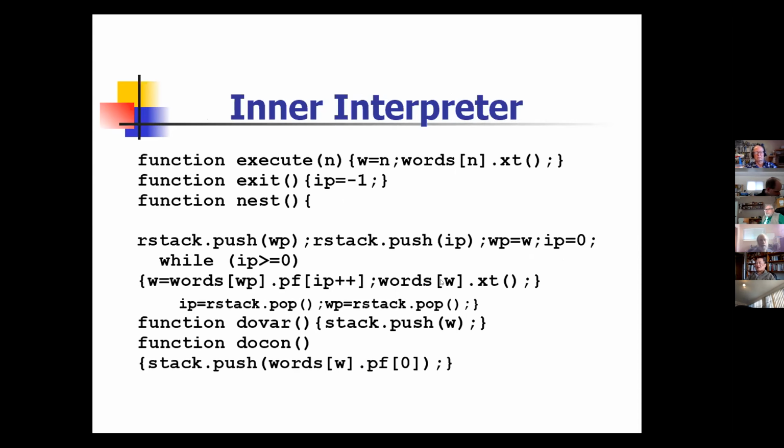And the way to exit this infinite loop by exit is to set IP equal to -1, because in this loop, if IP is 0 or positive, it will continue on this loop until exit forces IP to -1 and lets it exit. And then it unnests itself. So I only have do var and do count for variables and constants.